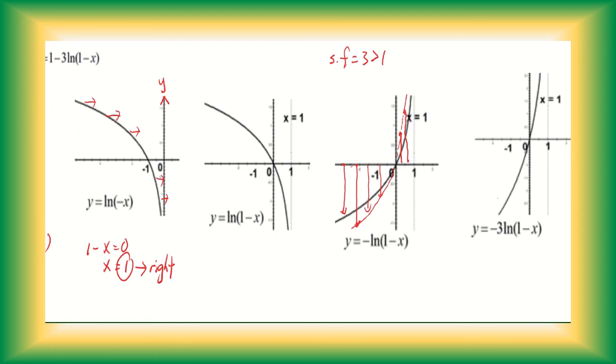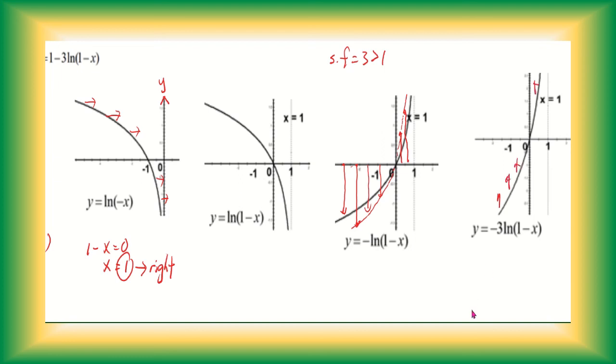After the enlargement, we carry out the translation. Since it is a plus 1 here, positive 1 for y transformation means going up, negative means going down. So the whole curve will be shifted up by 1 unit.